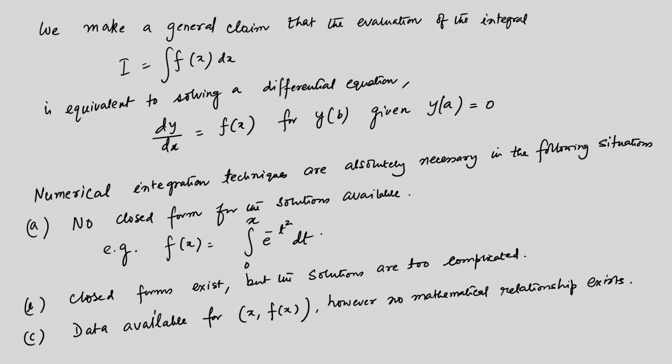Okay. This is like you have done an experiment and you got x and f(x), and you need to integrate this function f of x over some range, and you have no clue what the functional relationship is. Of course, then numerical integration is the only possible way.